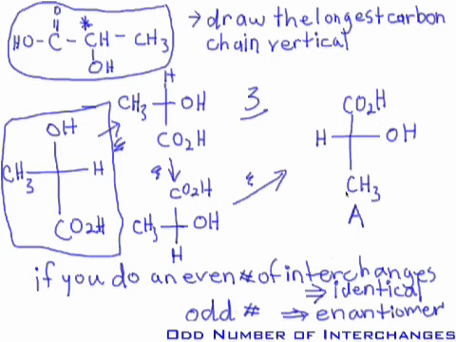Show how you selected that these two molecules were the same or different. You'd have to draw each interchange, then count up the interchanges, state it's an odd number, and then state, therefore, structure B is the enantiomer of A.